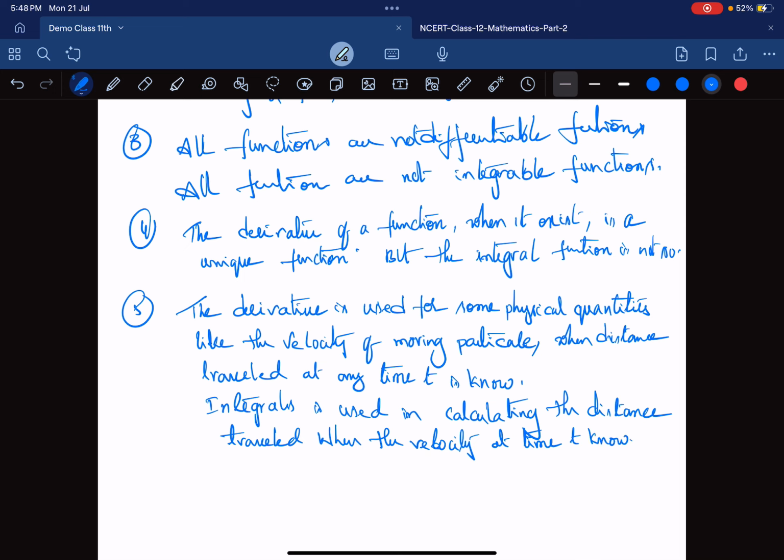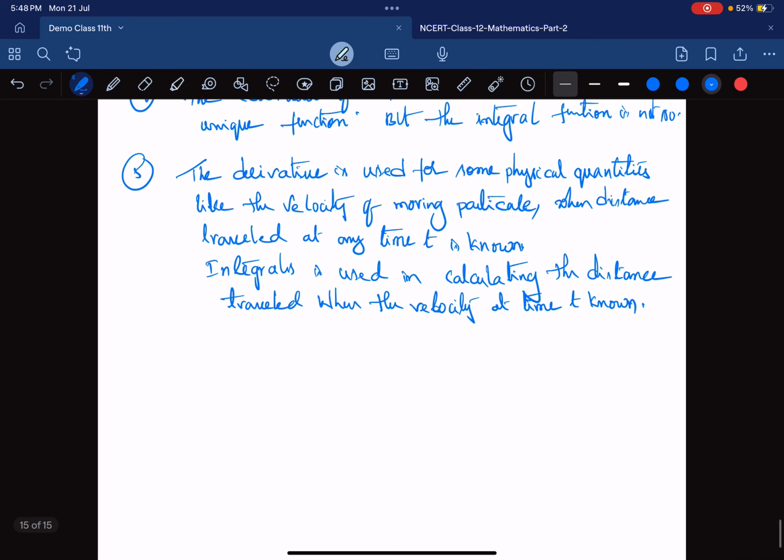So these are the properties of the comparison between differentiation and integration.